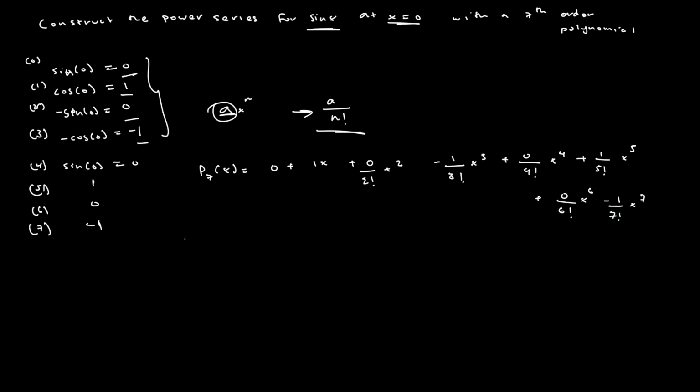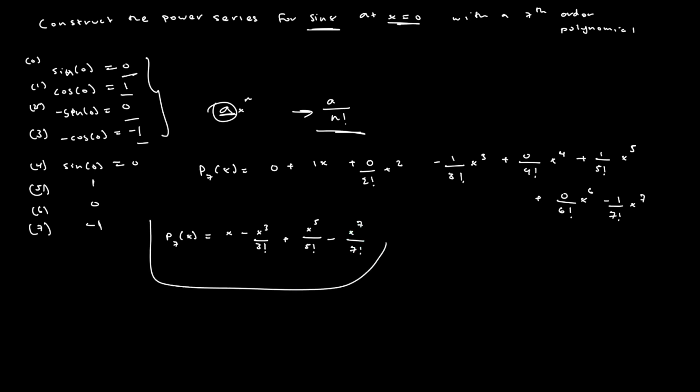And simplifying by removing all of our 0 terms, we get x minus x cubed divided by 3 factorial plus x to the power of 5 divided by 5 factorial minus x to the power of 7 divided by 7 factorial. And that's our 7th degree polynomial estimate of our original function.